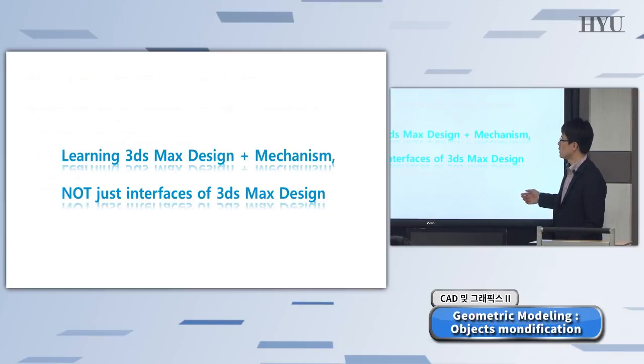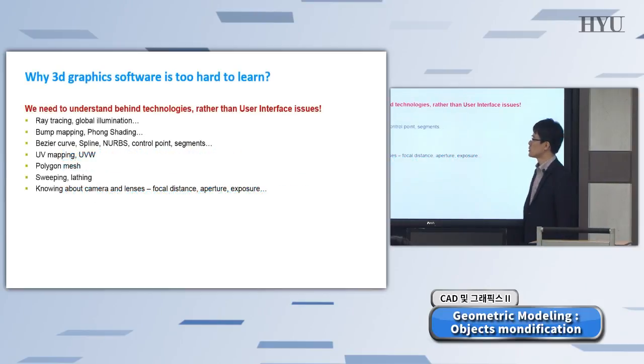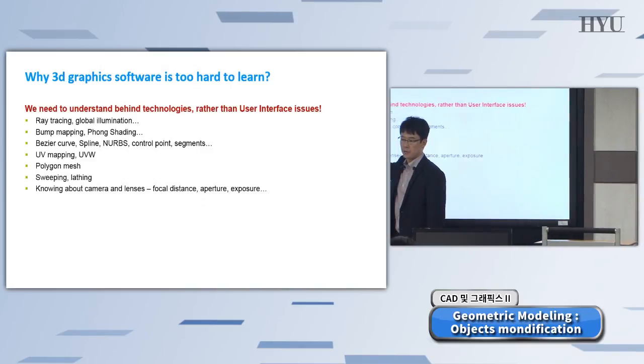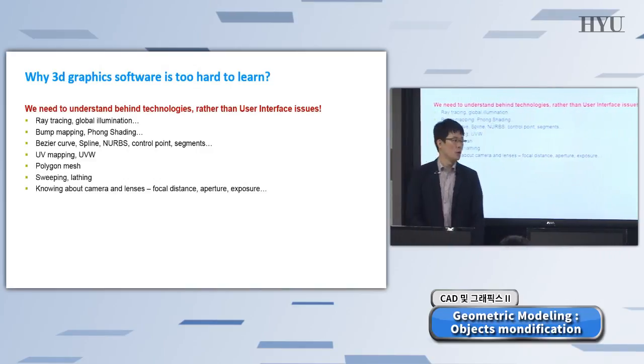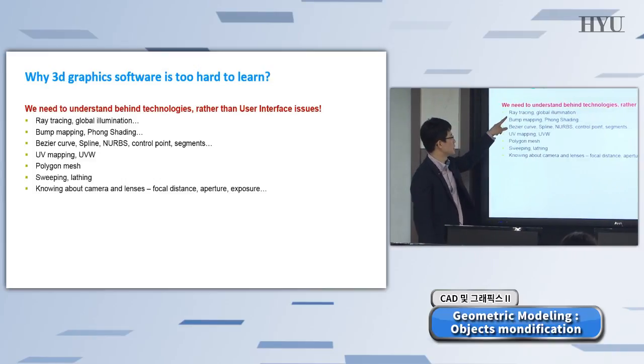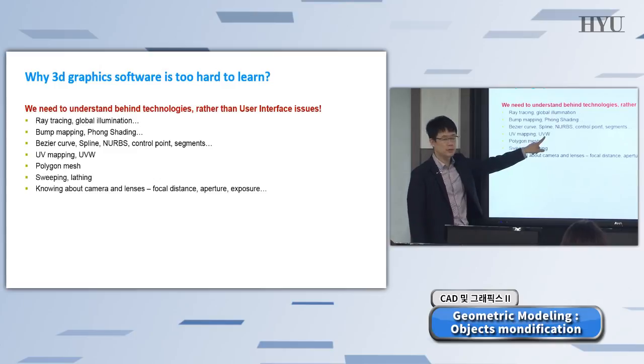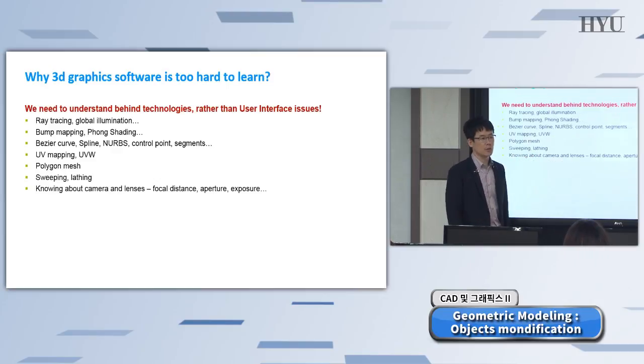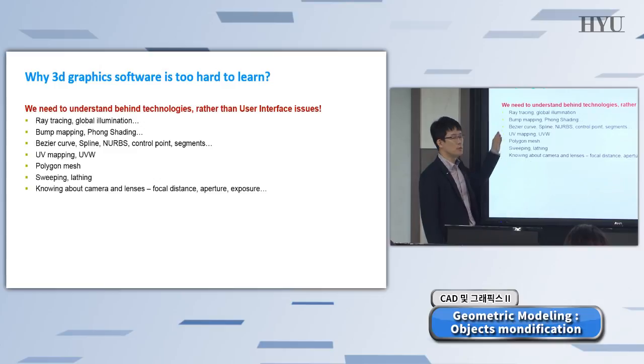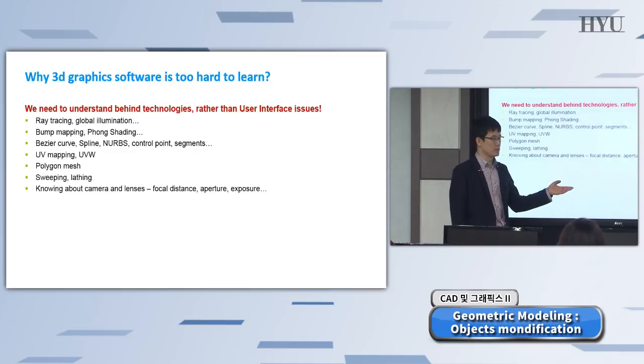Okay? If you understand some mechanisms, for example, if you know what ray tracing is and how it works for visualization and rendering, if you know what bump map, shading, Bezier curve, NURBS curve, UVW, sweeping, polygon, mesh, lathing are, and something about camera and lenses, if you can figure out some fundamental issues in this area, you don't need to learn the detailed parts.